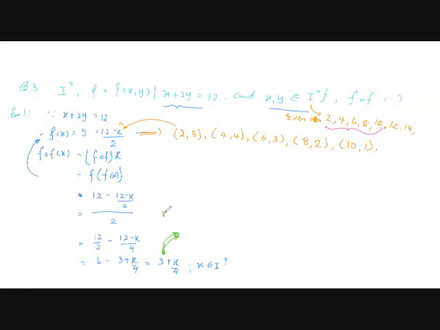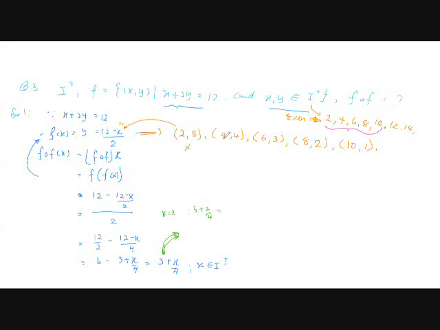If x equals 2, replace in here, it becomes 3 plus 2 over 4. Is it an integer or not? No, because this sum is not an integer. It doesn't belong to the positive integers, so when x equals 2 it doesn't work.